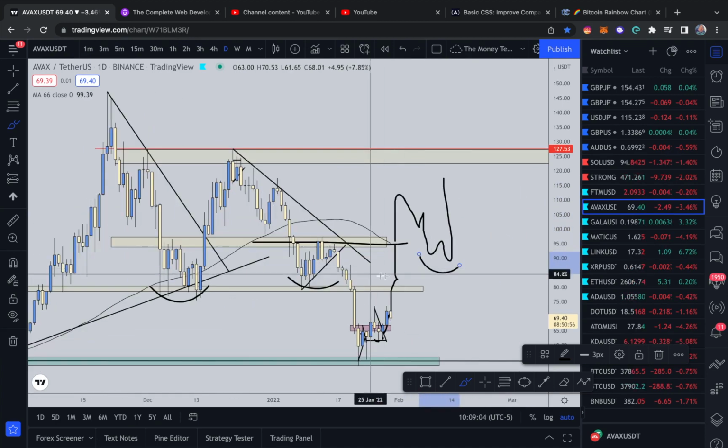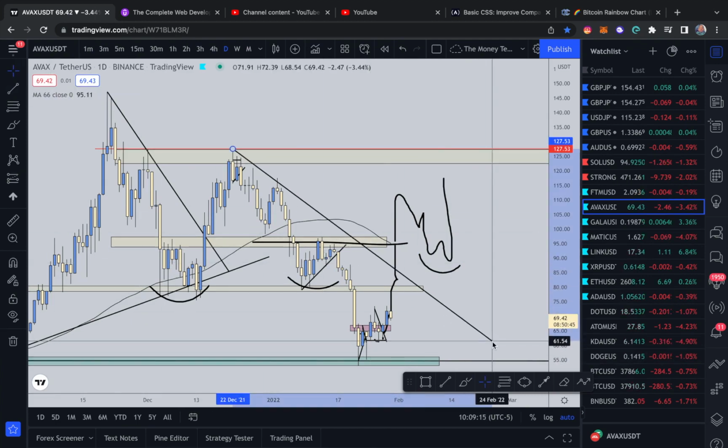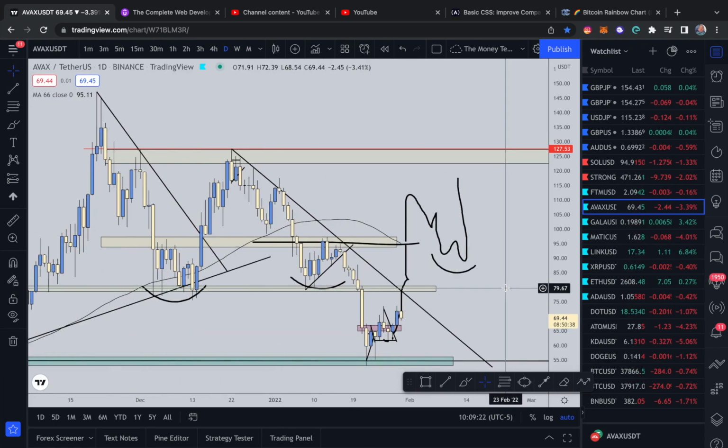And then that's the first sign that we have corrected this downtrend that we're currently in. You feel me? That is the first sign of things that I would need to see on Ethereum.